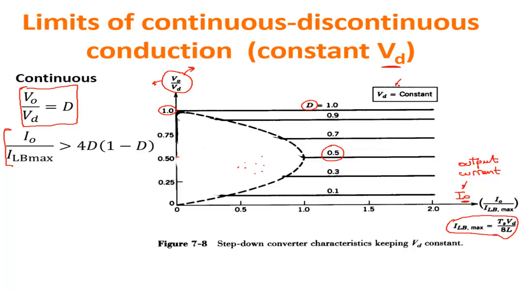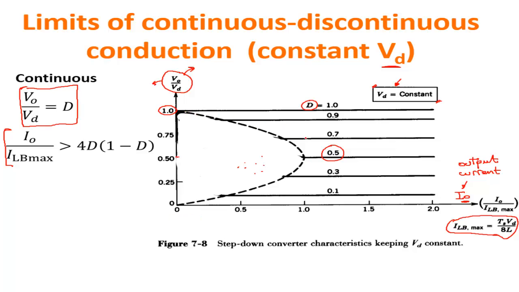So Vd is the unregulated voltage and is constant, and here on the y-axis we have the ratio of V output to Vd. So this is the parabola that we have drawn before.